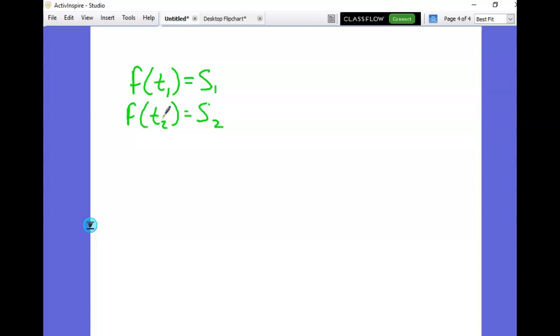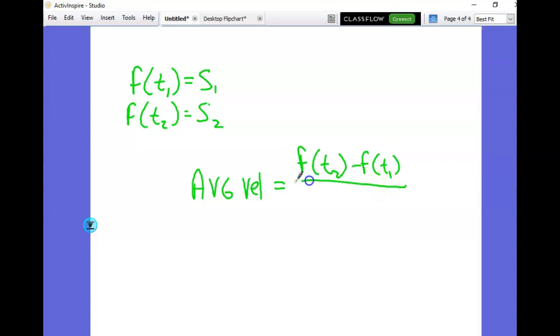Then I also introduced you guys to average velocity. Average velocity is what you get when you find the difference in the position and you divide that by the difference in time, right? And that tells you your average velocity.